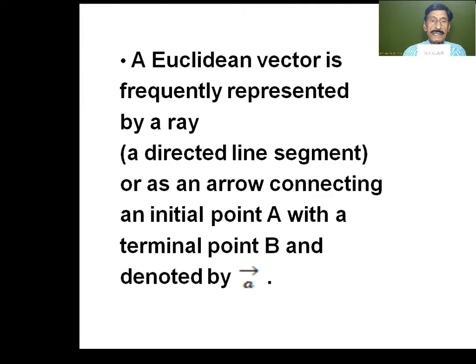A Euclidean vector is frequently represented by a ray, that is a directed line segment, or as an arrow connecting an initial point A with a terminal point B, and is denoted by A with a right arrow.